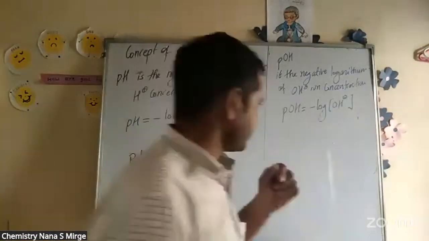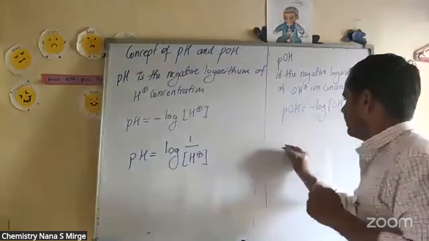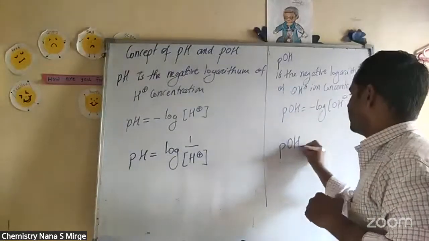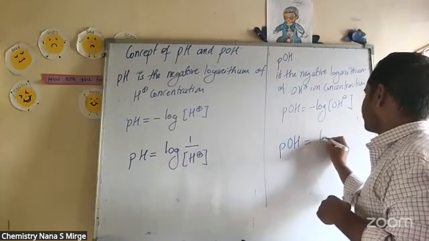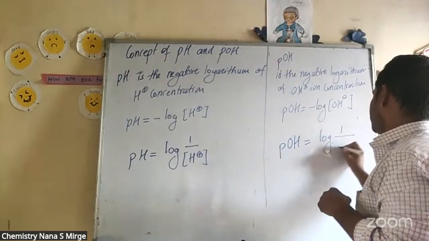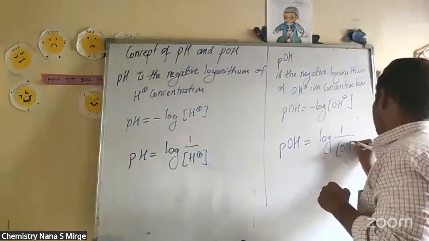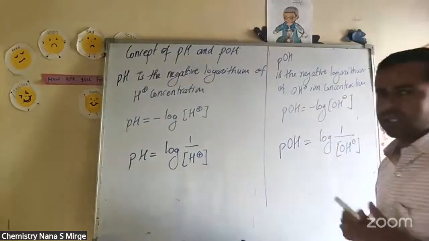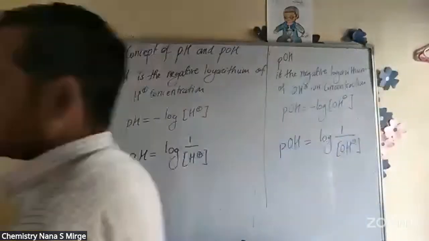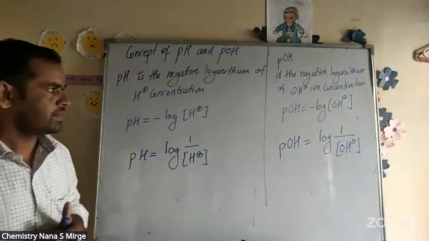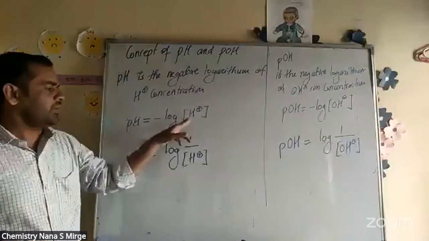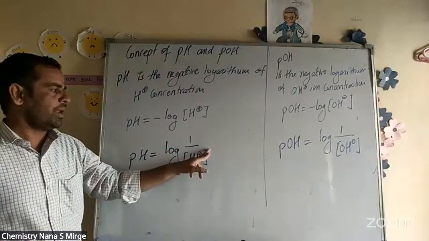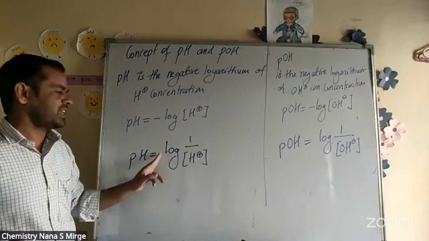Tell me. pOH is equal to log 1 upon OH negative ion concentration, isn't it? Yes, you can. लिख सकते हैं हम ऐसा. ये नेगेटिव साइन है, ये ऊपर जाएगा, इसका पावर 1 है तो ऊपर जाएगा तो नेगेटिव आएगा, नेगेटिव साइन यहाँ पे ले सकते हैं हम.